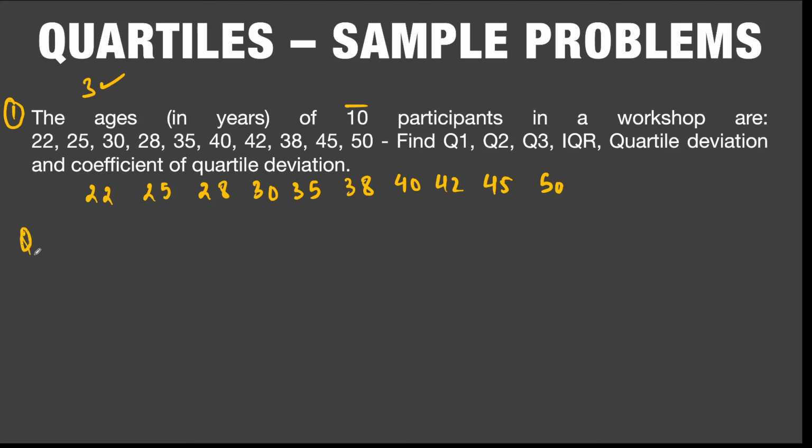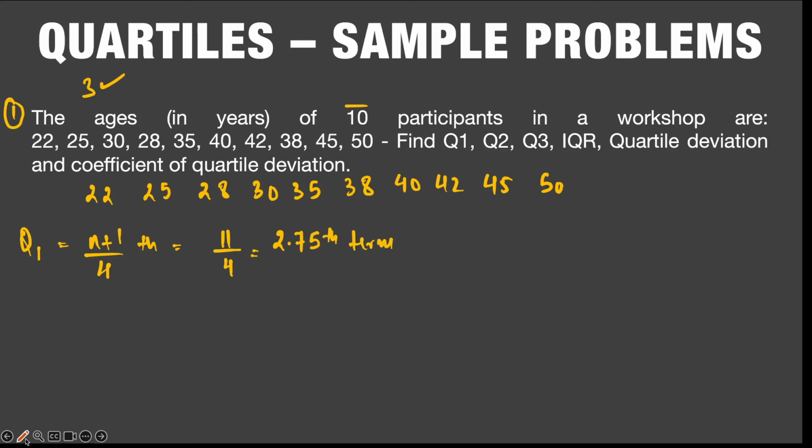Let's quickly find Q1. Q1 is nothing but the (n plus 1) by 4th term. When I say n plus 1, I mean 10 plus 1, 11, so 11 by 4, which means the 2.75th term.